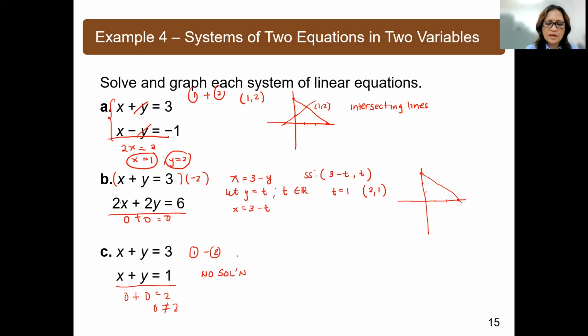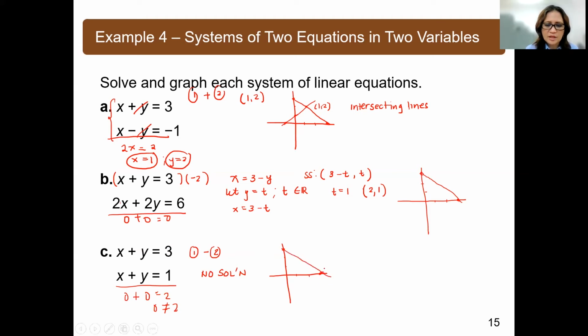So the system has no solution, and we can see that the graph of these equations is given as parallel lines. Again, if x is 0, y is 3. If y is 0, x is equivalent to 3. So roughly, we will have that one.